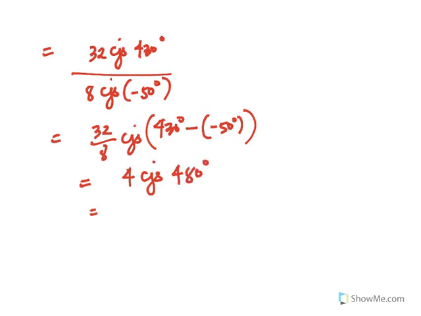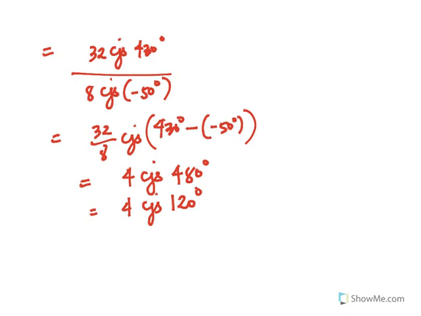Now, since 480 degrees is greater than 360, pababain natin siya. Pag pinababa natin siya, ang gagawin nyo lang, maminusan nyo lang ng 360 para pabalik na ikot. Para yung angle mo is from 0 to 2 pi kasi gusto natin standard polar form. So, pag maminusan ko to ng 360, this is equivalent to 4 cis 120 degrees.